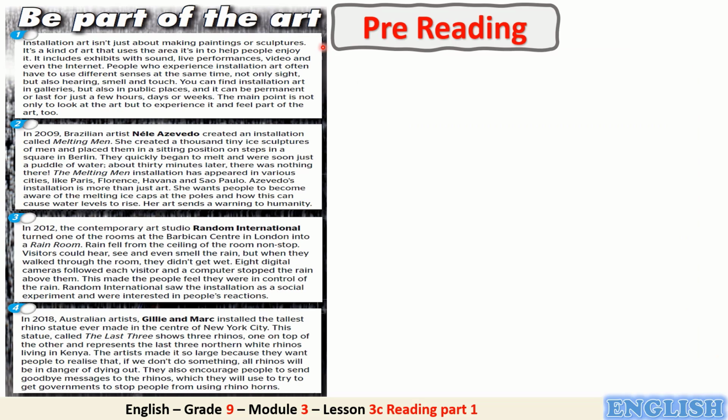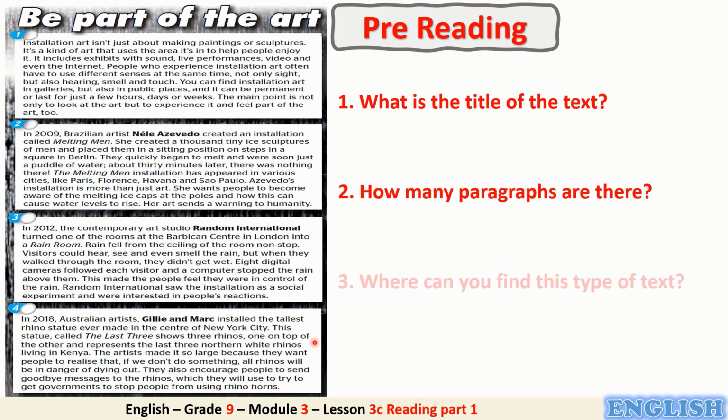Now open your student's book, page 34, and this is the text of our lesson today. Look at this text, then answer the following questions. Number 1. What is the title of the text? Excellent, my students. Be part of the art.